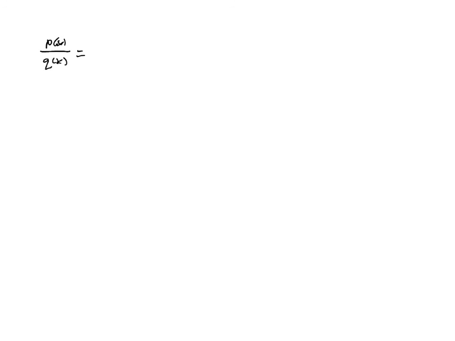And the method of partial fractions allows us to decompose that as a sum P1 over Q1 plus P2 over Q2 and so on, where the terms here come from the factors of the denominator.